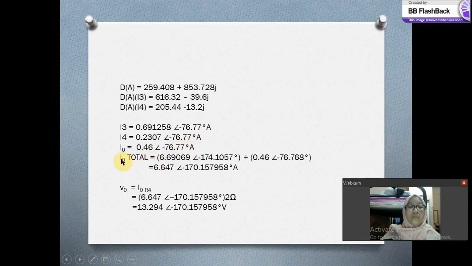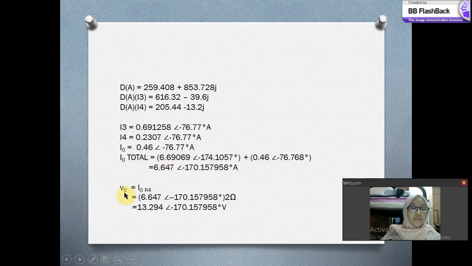So we are going to calculate the I0 total by adding the I0 from step 1, which is 6.690969 at negative 174.1057 degrees, plus the I0 for step number 2, and then we got the I0 total.